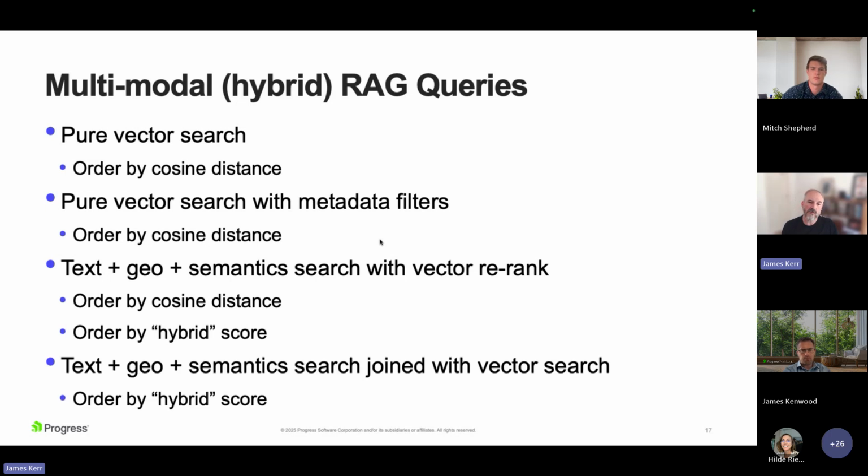In MarkLogic 12, we now introduce the capability to have indexed vector similarity, so that you can run multi-model queries and vector search queries and essentially join them together.